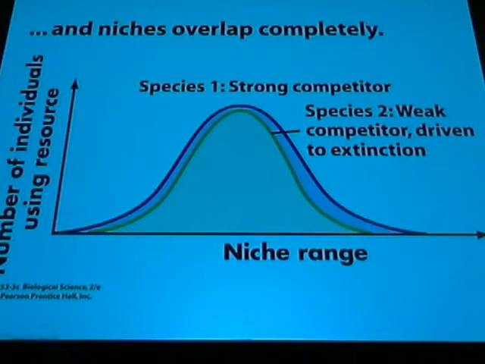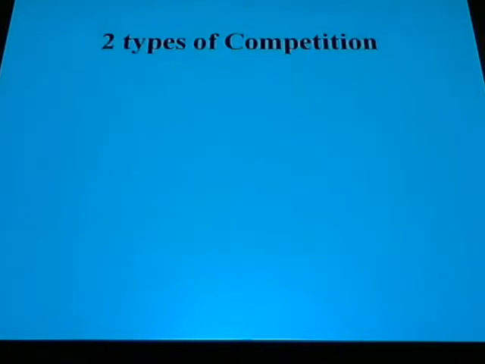So this brings up an interesting concept about competition. In terms of the fitness effect of competition, there are two ways of categorizing it. We know that if it's competition, automatically what's true of the fitness consequence on both species? Both of them are going to have their fitness lowered, right? But what's different in these two categories is the relative amount of effect.